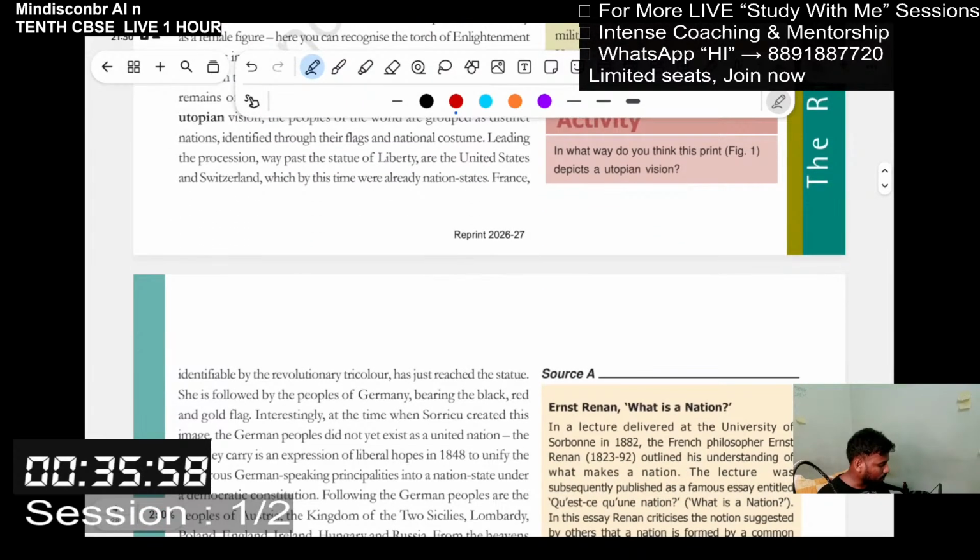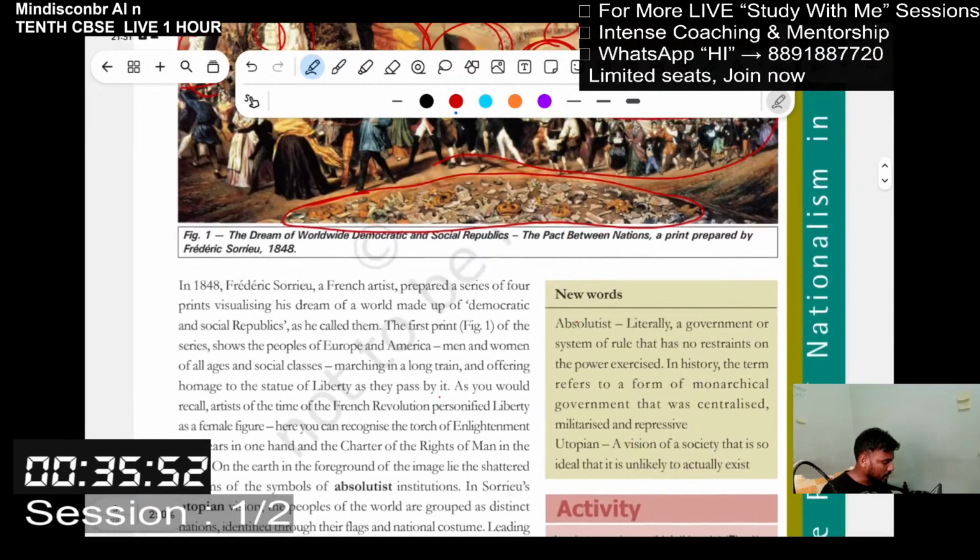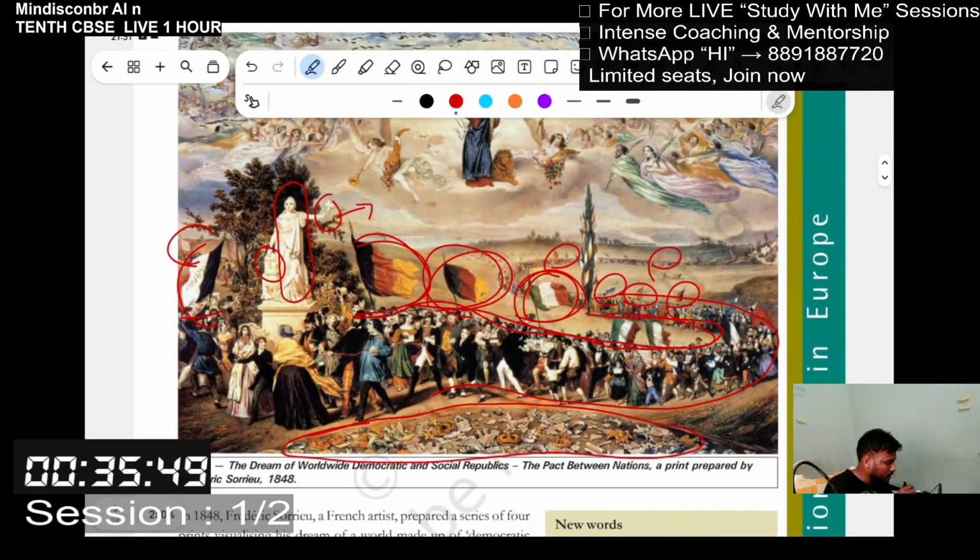France, identifiable by the revolutionary tricolor, has just reached the statue. In the figure you can see the United States and Switzerland. These have passed the Statue of Liberty and are far from it.